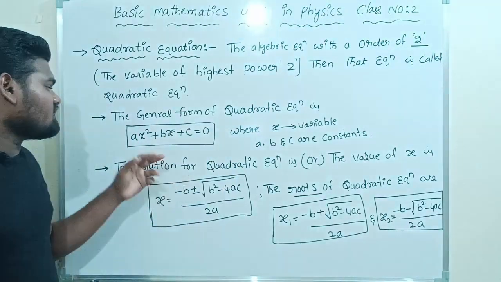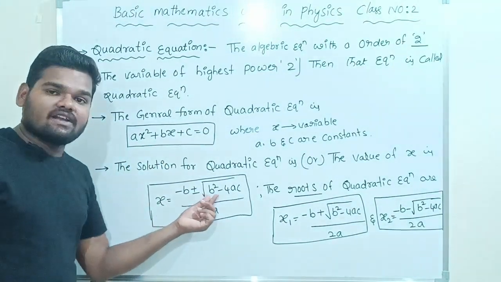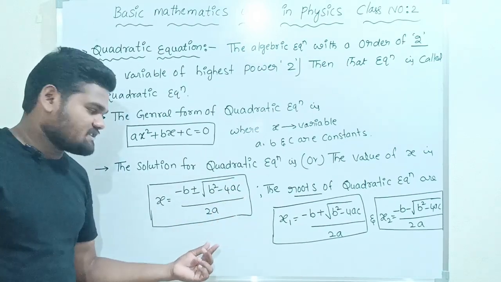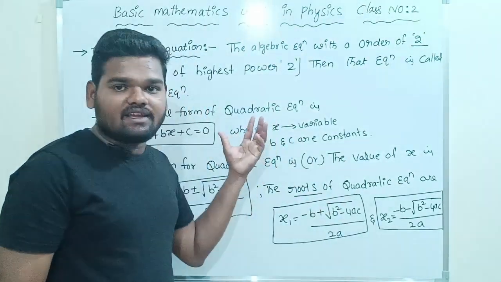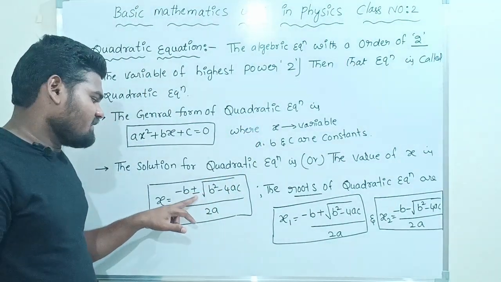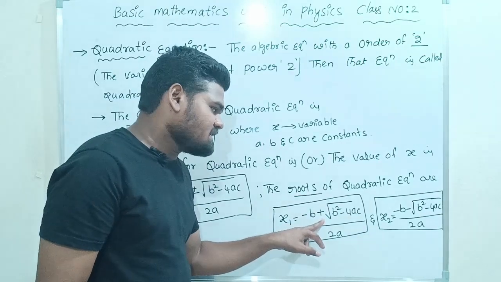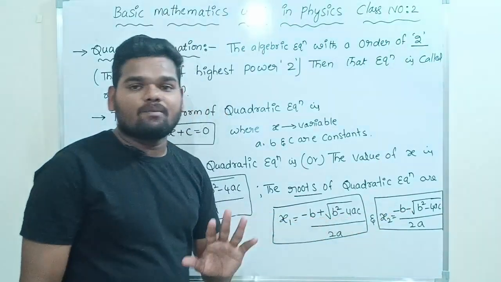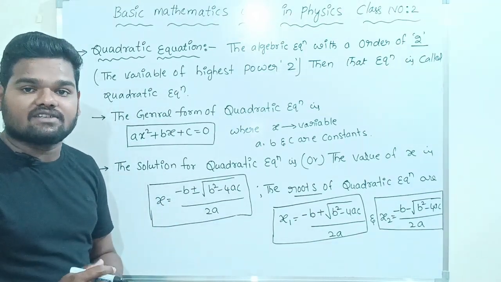And what is the solution of this quadratic equation? x is equal to minus b plus or minus under root of b square minus 4ac by 2a. So this is also called the roots of the quadratic equation. So here we have a plus or minus term. So x1 is equal to, we take the plus one, and x2 is equal to, we take the minus one. Those give the roots of a quadratic equation.